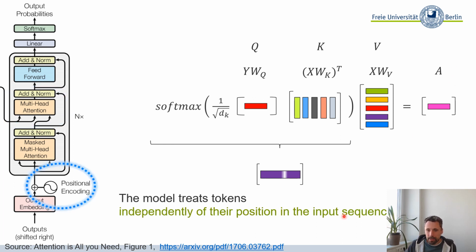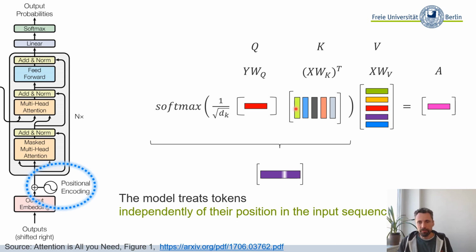Now the problem is that the model has no information about where each token is. Each of these queries and values and keys are token representations that are independent of their position, right?